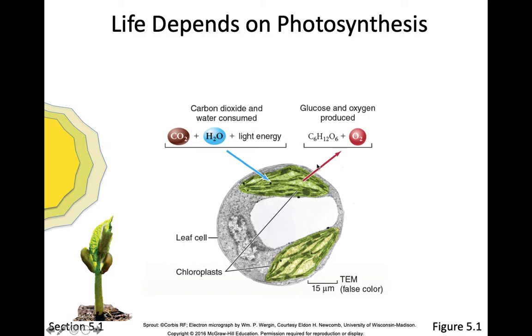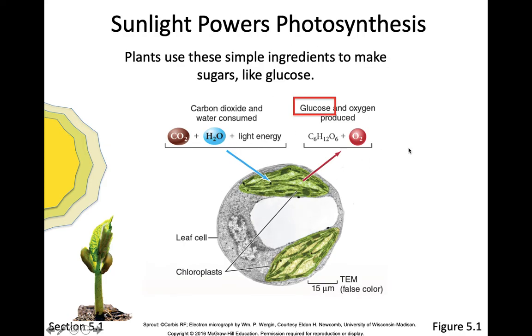So let's talk about how photosynthesis works and kind of the products that go in and the products that go out. So plants are going to take simple things, carbon dioxide that I mentioned earlier, water, and energy from the sun, sunlight. And they're going to take that combination of things and convert it inside of their cells. And then they're going to produce glucose, which is a form of simple sugar, and oxygen, which is what we're going to breathe.